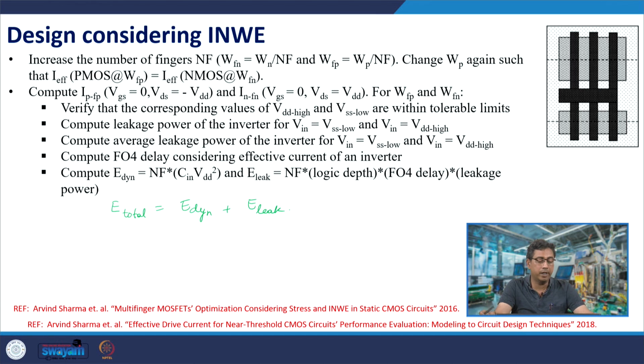So, if this is met, then you will increase NF. Again redo the calculations, and you will increase the number of fingers till the time this is met. But once, for a given number of fingers, E total is beyond your specified value, then you will not increase NF any further. So, increasing NF reduces the threshold voltage, and therefore you have maximized speed.